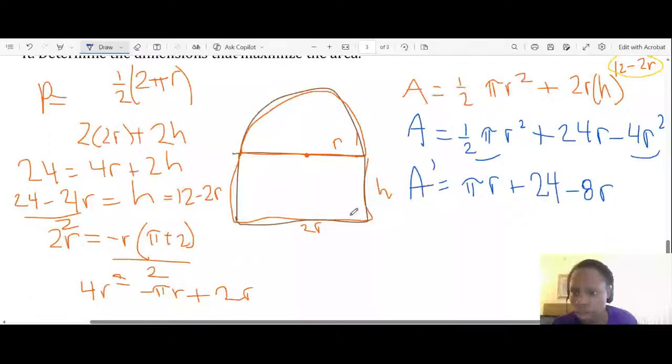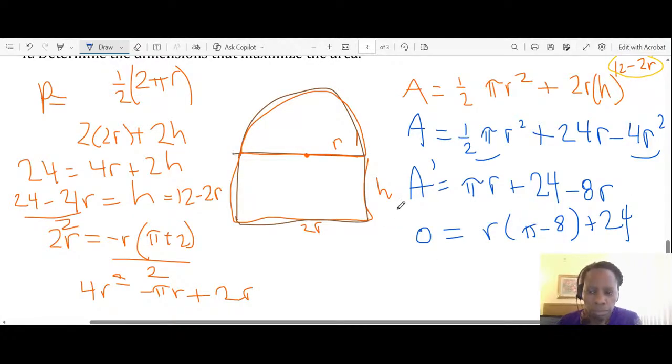It looks a little bit better. 0 equals r times pi minus 8 plus 24. Or should I bring the 8r minus? Yeah, I think I'm going to bring that over to the other side.